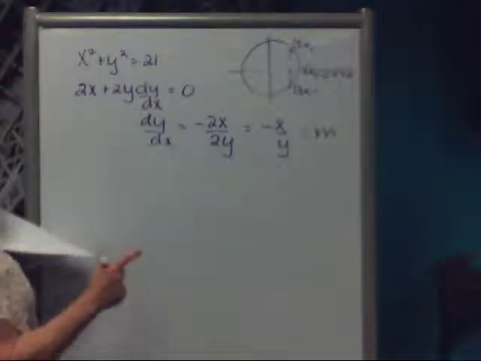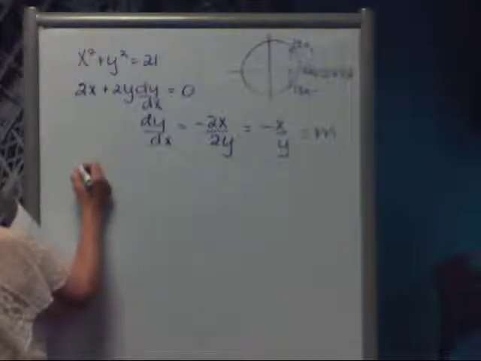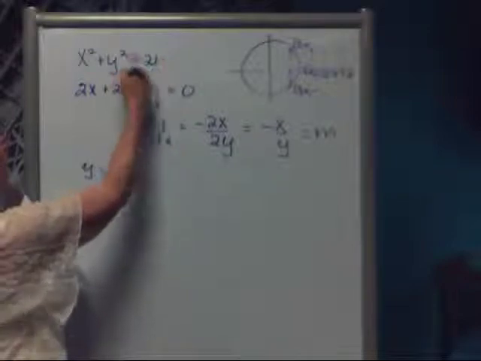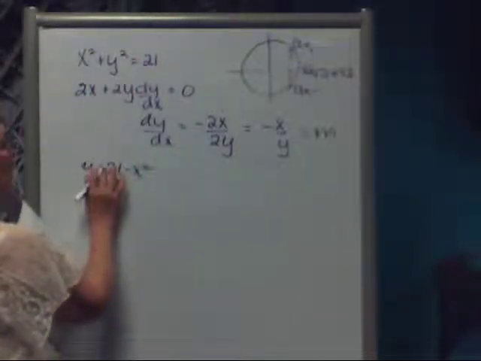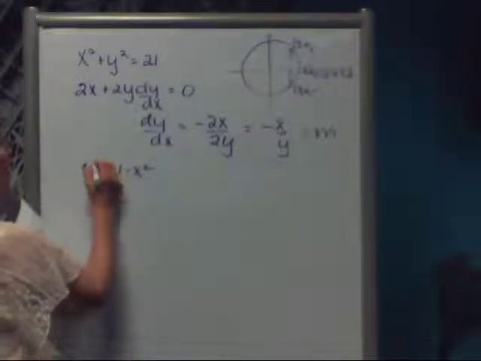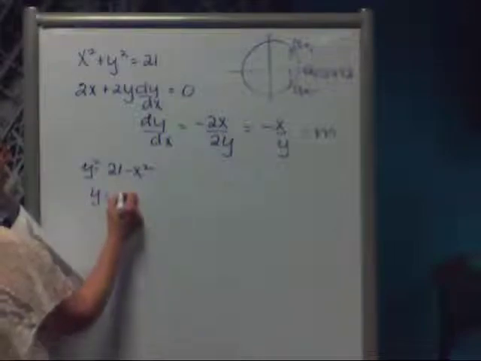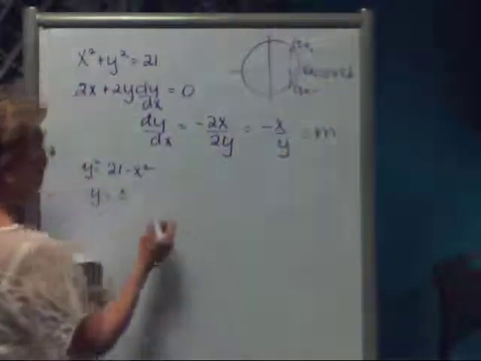And how you do that is to always go to the original. So we're going to solve for y, which will mean 21 minus x squared is equal to y squared. We need to root it, and we need to account for both roots, the positive one and the negative one.